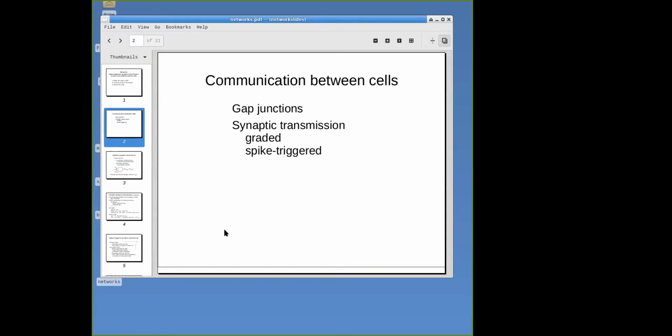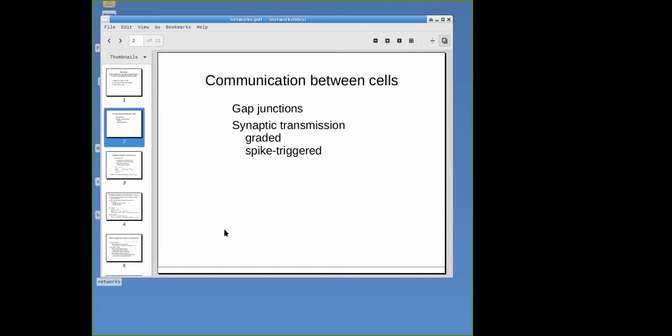Not that I think that ever happens particularly. And I'm also leaving out ephaptic interactions, that is, interactions that result as a consequence of the local electrical fields generated by one cell on the branches of other cells that are nearby.